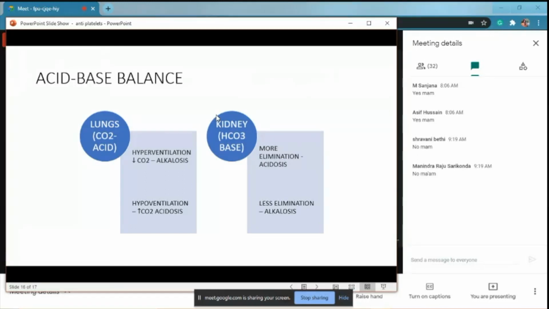Okay. Now we know the difference between metabolic acidosis and metabolic alkalosis, and also respiratory acidosis and respiratory alkalosis. So how do we assess whether the patient has alkalosis or acidosis? That we are going to discuss in the next slide.